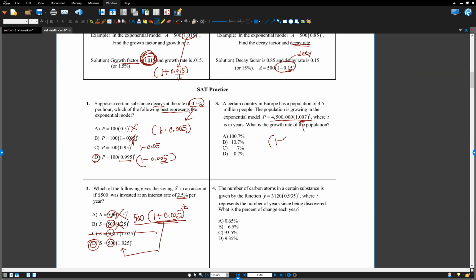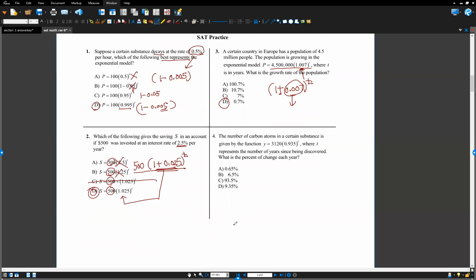This one looks like about 1.007, right? This number is the growth rate because this is a plus. But the growth rate is expressed in percent. 0.007 is 0.7%. This is the growth rate. That's the answer.